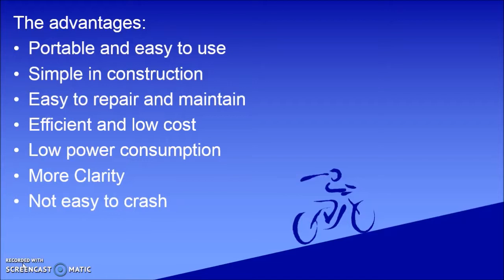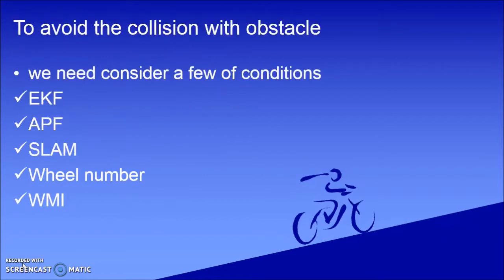Our robot uses low-cost components, so it can maintain a low cost. It is also low power consumption, more reliable, and not easy to break because we have two sensors to protect our robot.